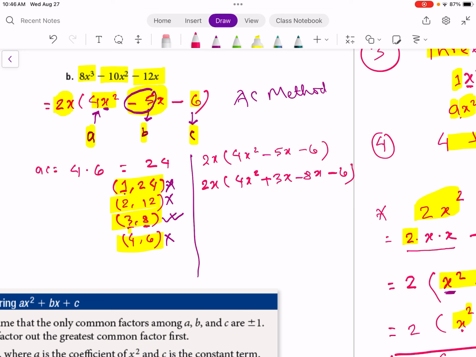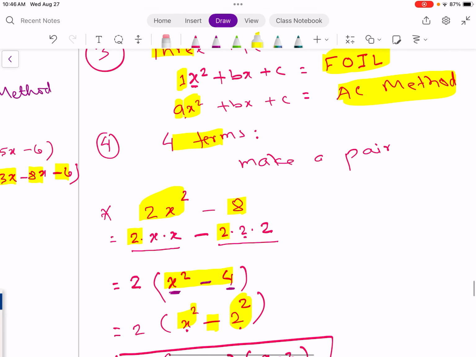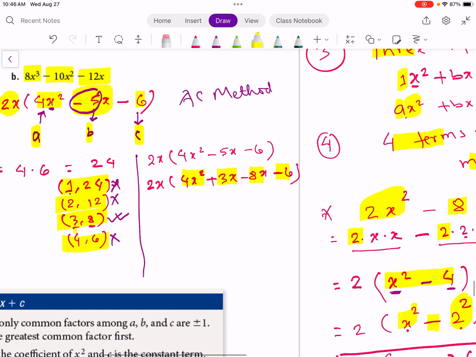Now, how many terms do we have inside the parentheses? We have 1, 2, 3, 4. If we have 4 terms, what do we do? We make pairs. Let's make a pair of the first 2 terms and the last 2 terms. So we have 2x. In the first 2 terms, do we have any common factor? We have x. So let's factor out x.